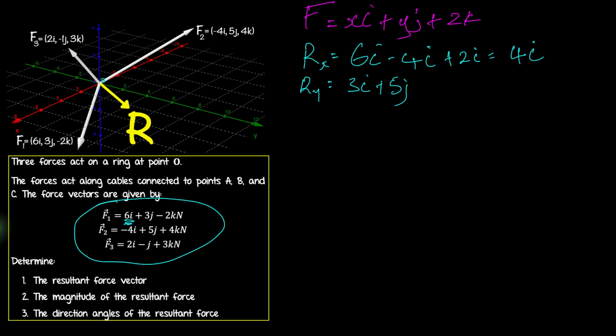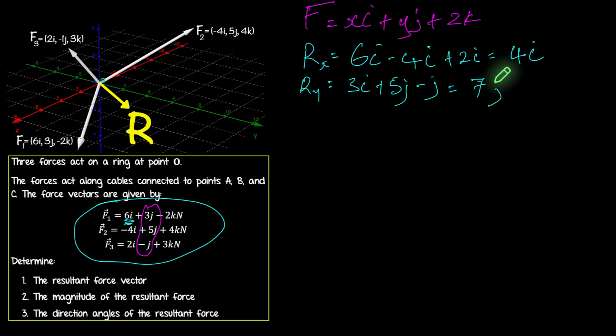And just in case you're wondering where these numbers are coming from, I'll circle this column here, and these are my j values. So we're now at 5j, and the last one there is negative 1j, or negative j. So when we do our 3 plus 5 and take 1j, we're left with 7j.